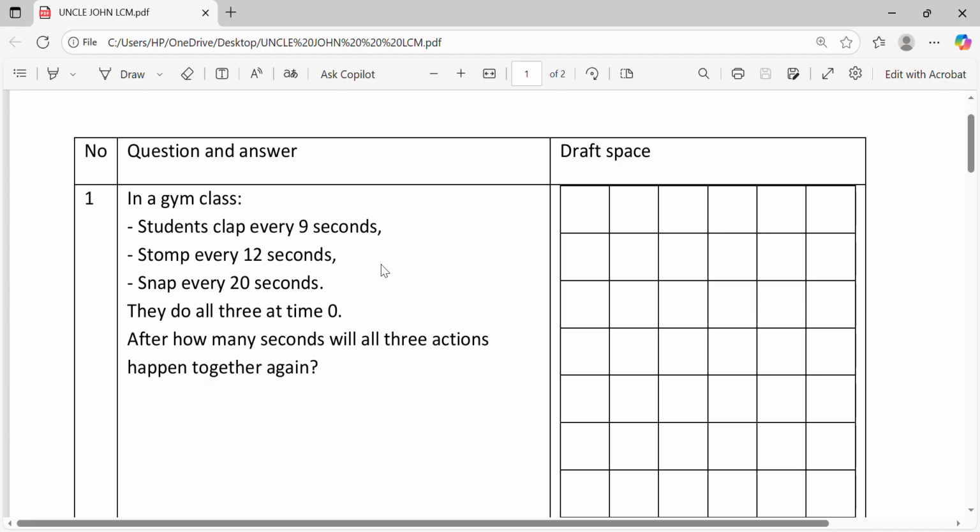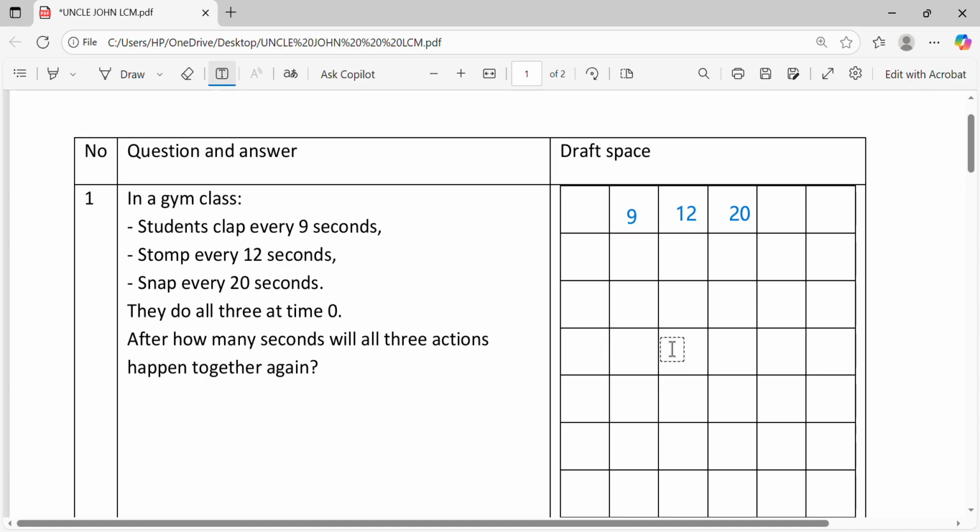Dear friends, follow this table method to find the LCM. I will put the numbers here: 9, then 12 next, then 20 next. After that, I will start dividing.